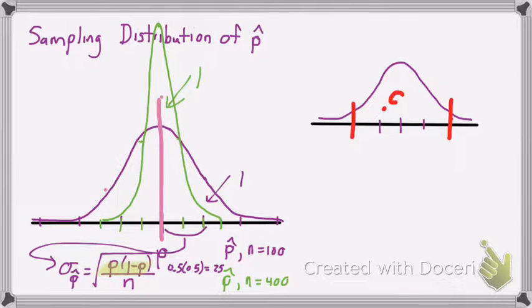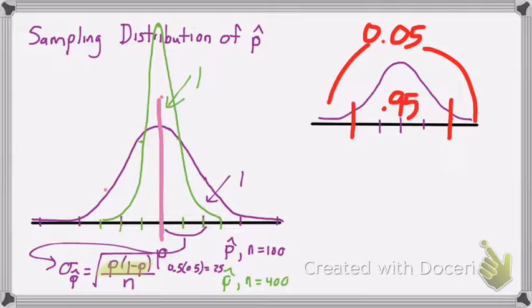If 95% is in the middle, the sum of the tails is 0.05, so this one tail over here is 0.025. What I'm looking for is a critical z-score that cuts off the bottom 0.025 of the distribution. There's the formal notation you would use to denote what you're looking for.